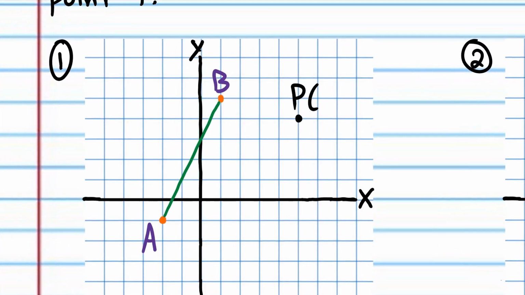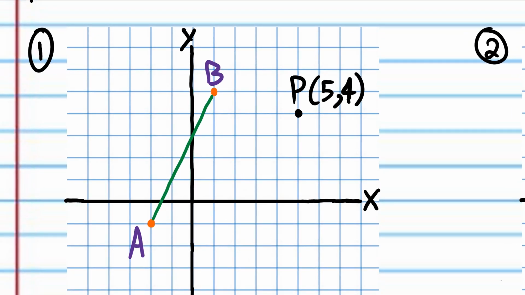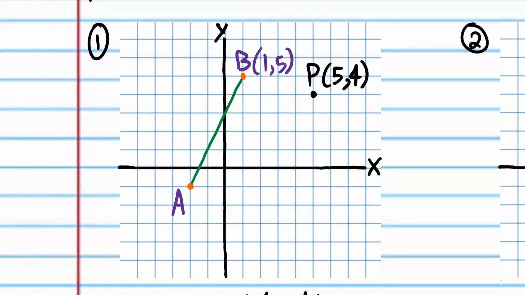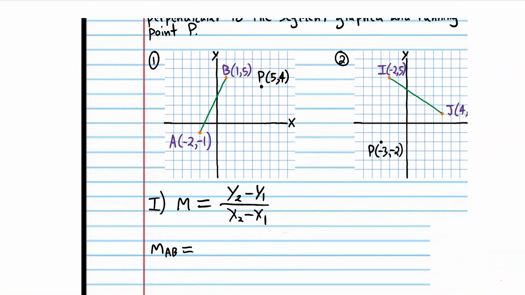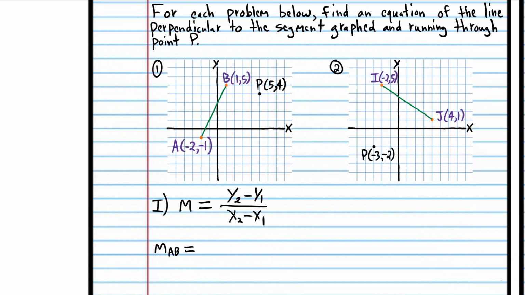In some of these problems, I write the coordinates for you, but in other problems, you may have to write them in yourself. B is going to be 1, 5. And A is going to be -2, -1.